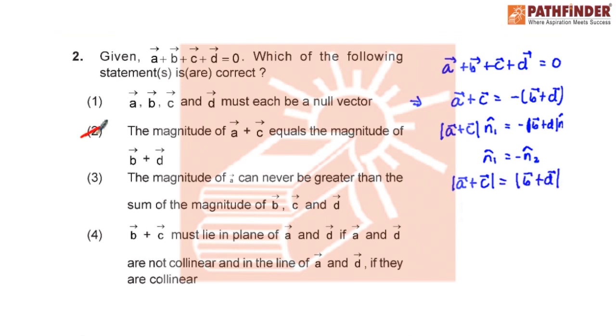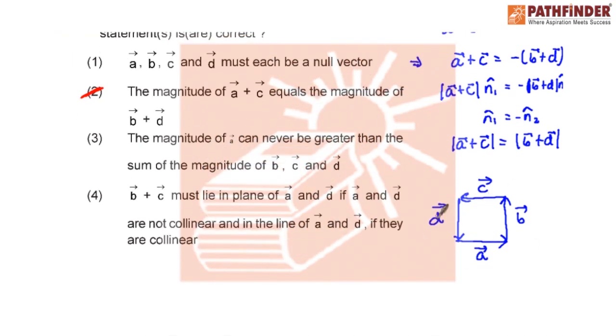The magnitude of A plus C equals in magnitude B plus D. The magnitude of A vector can never be greater than the sum of the magnitudes of the other three vectors. So if I draw this in vector form, this is A vector, this is B vector, this is C vector, and this is D vector. So we can clearly say that the sum of the four vectors is 0.